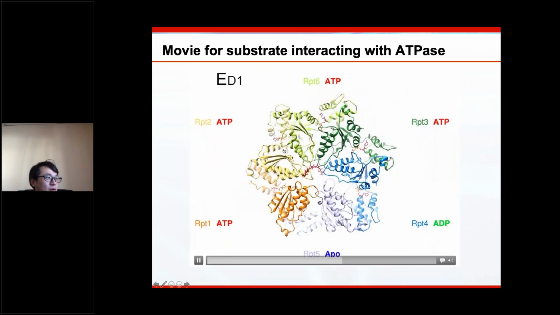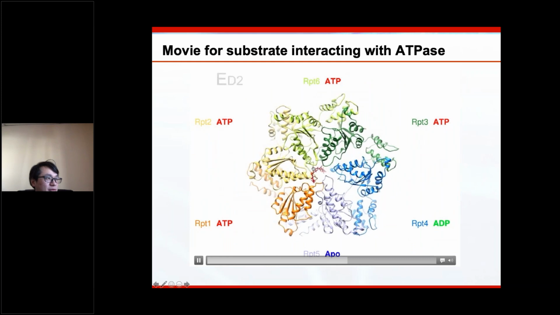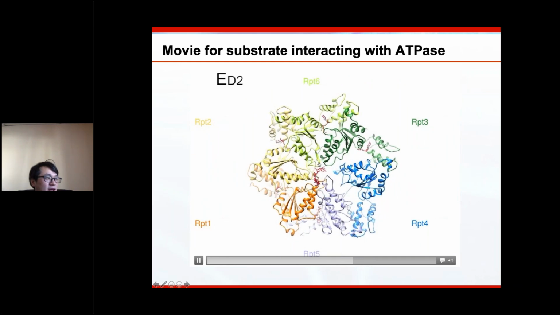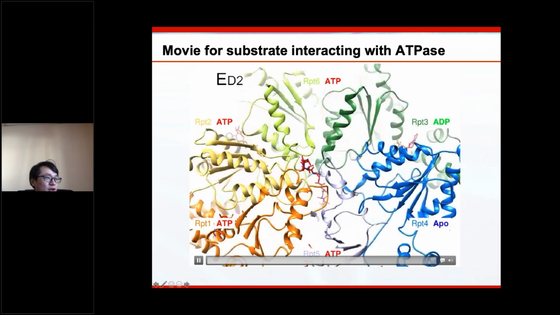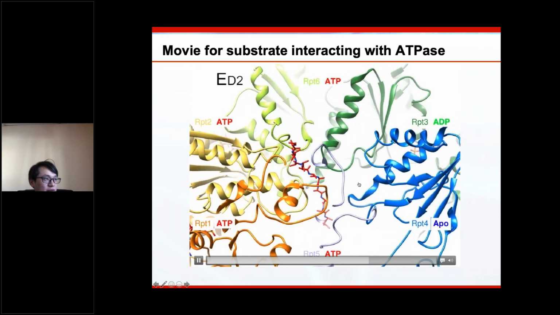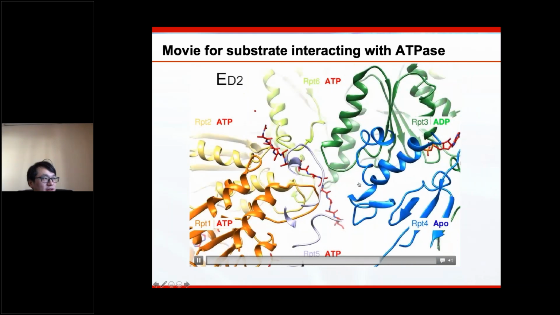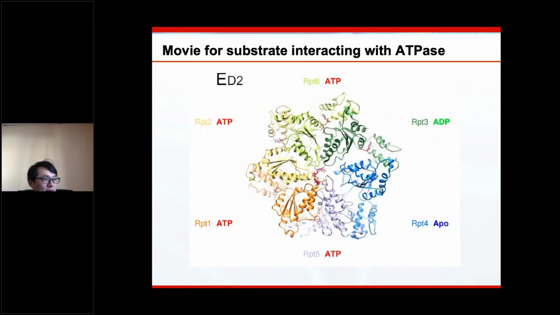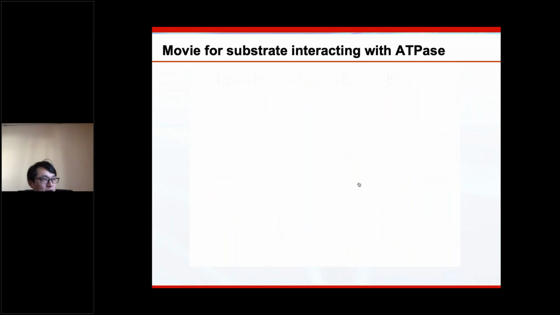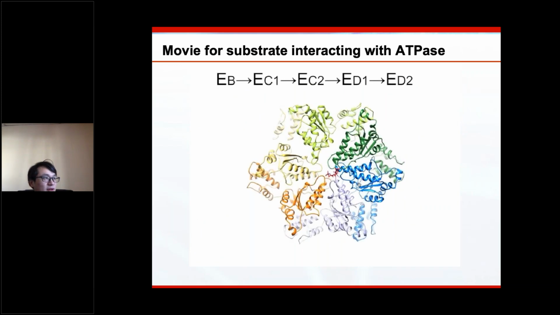So you can see the pore loops actually grab these substrates very tightly, but in the EC1 and EC2, there are two pore loops dissociated from the substrate, but in both ED1 and ED2, only one pore loop is dissociated from the substrate.